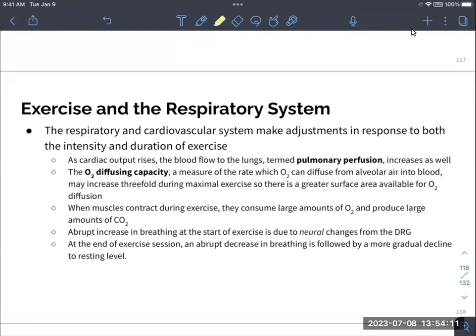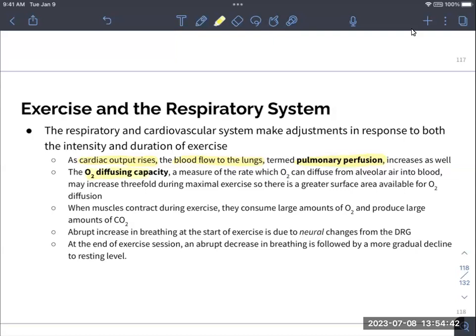So when you are exercising, the respiratory system and the cardiovascular system make changes in response to whatever you're doing and how long you're exercising for. So as your cardiac output goes up, the blood that goes to your lungs, or pulmonary perfusion, will also increase.